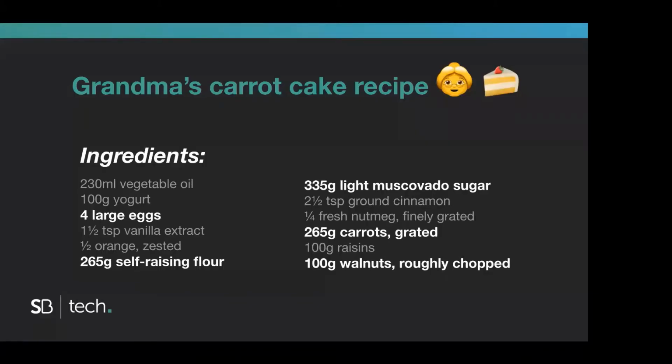For today's talk, I thought we should start with a grandma's carrot cake recipe. There's vegetable oil, eggs, flour, sugar, carrots, walnuts, everything you would expect in a carrot cake. Well, there is nothing for the icing, but that would be way too many ingredients to fit onto the slide.